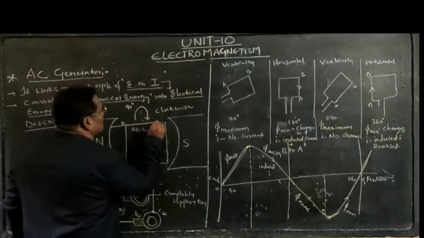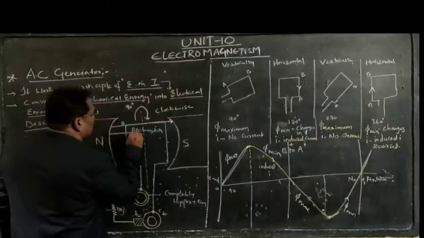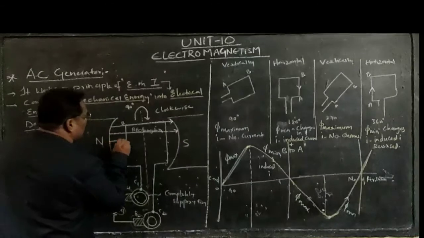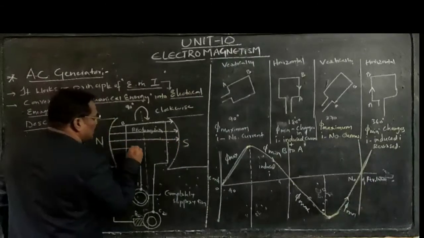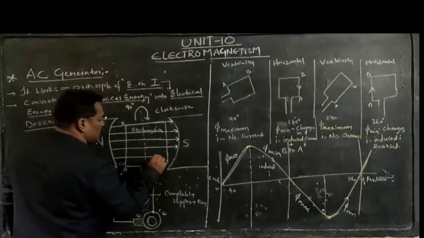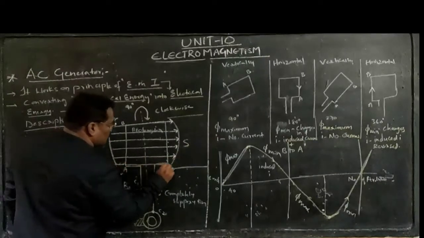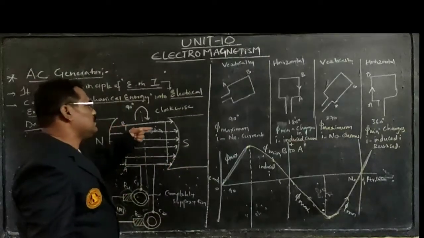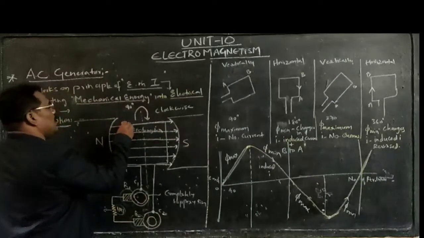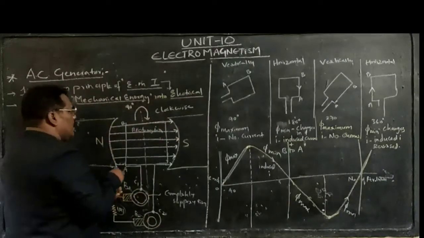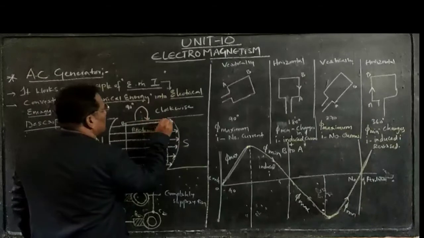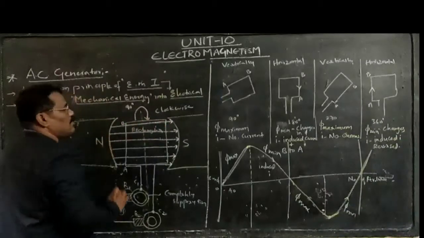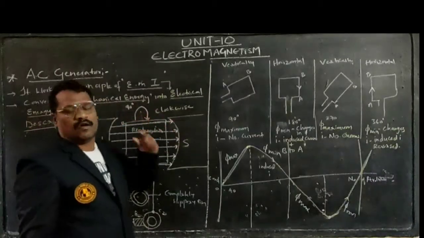The magnetic lines of force leave the north pole and enter the south pole. The magnetic lines of force pass from north pole to south pole. In this way, the magnetic lines of force act upon the rectangular coil.